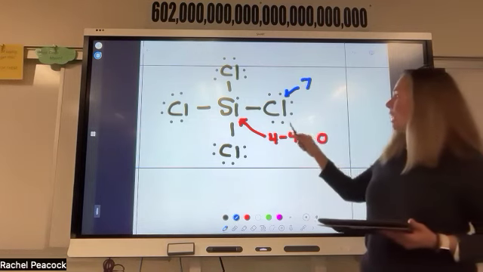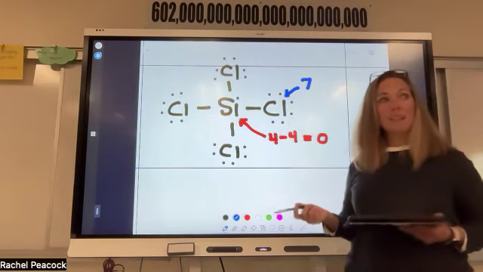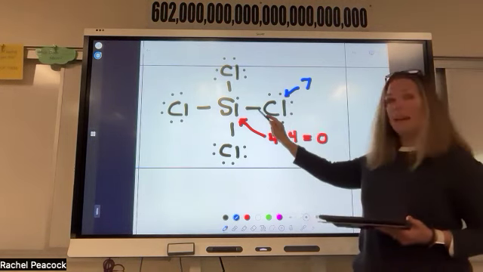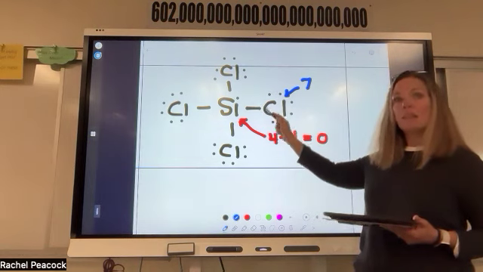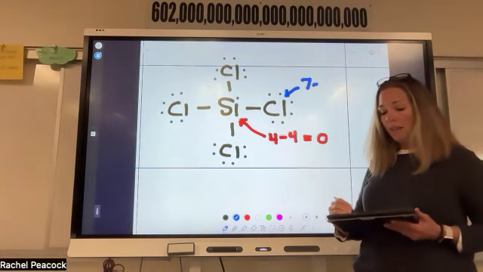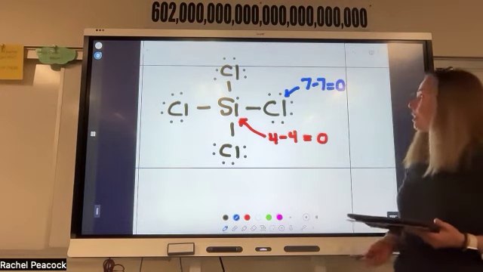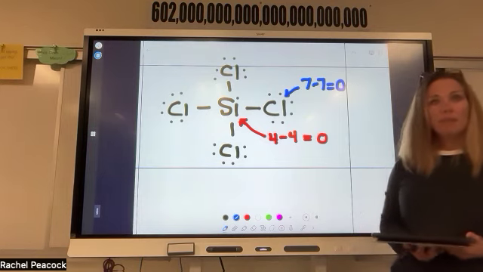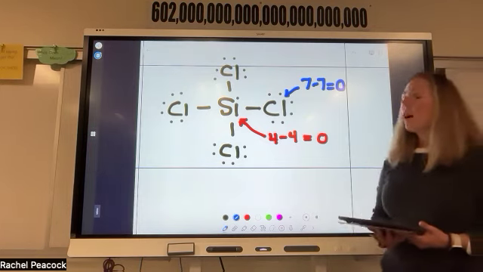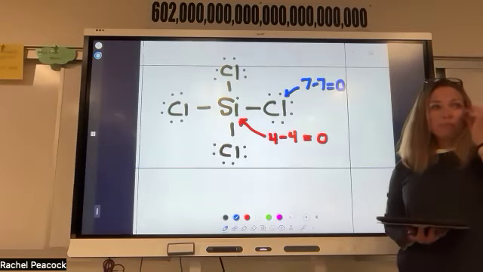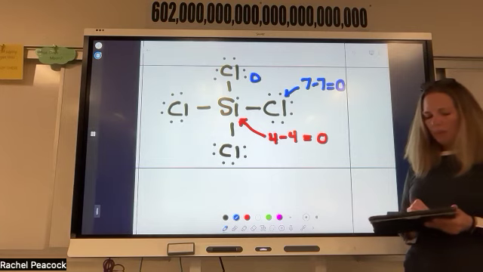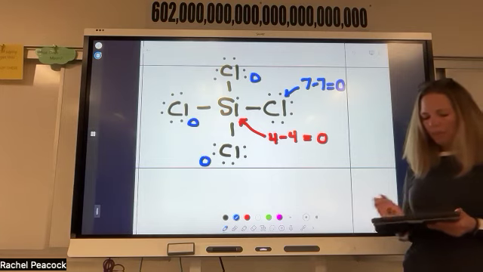Okay. We're going to count each dot as an electron. 1, 2, 3, 4, 5, 6, and then the bond is another 1, so that's 7. That means chlorine's formal charge is also 0, right? 7 minus 7. Okay. Would all the chlorines be 0? Okay, in this structure, yes. All the chlorines would be 0. Okay.